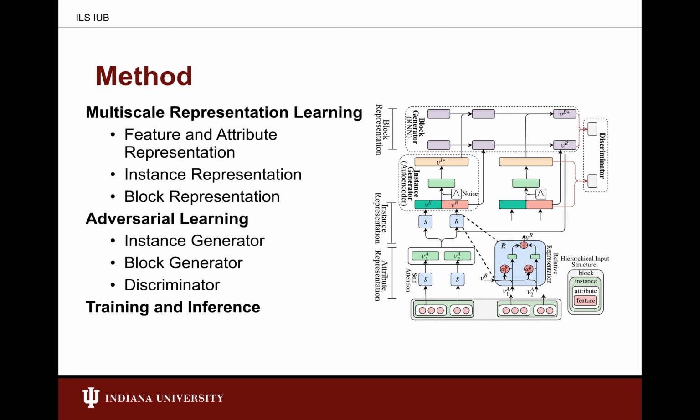The feature refers to the product IDs, and the attribute refers to the real features, such as the clicked item IDs. The instances are the pieces of user logs, and the blocks are constructed by a set of consecutive instances. In the beginning, our mission is to learn the multi-scale representations for all these four levels.